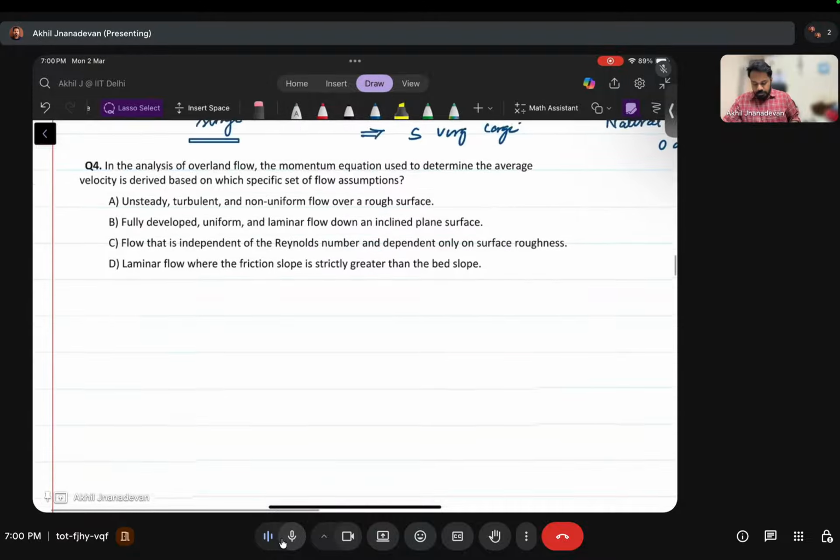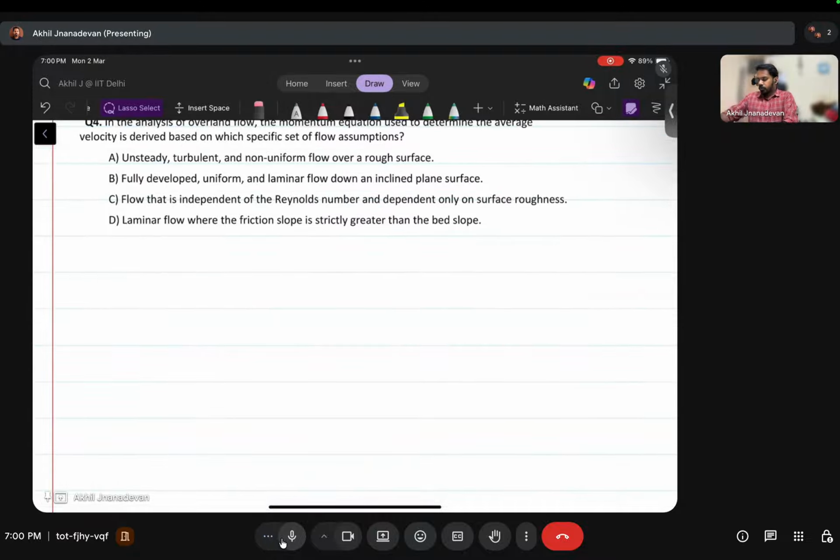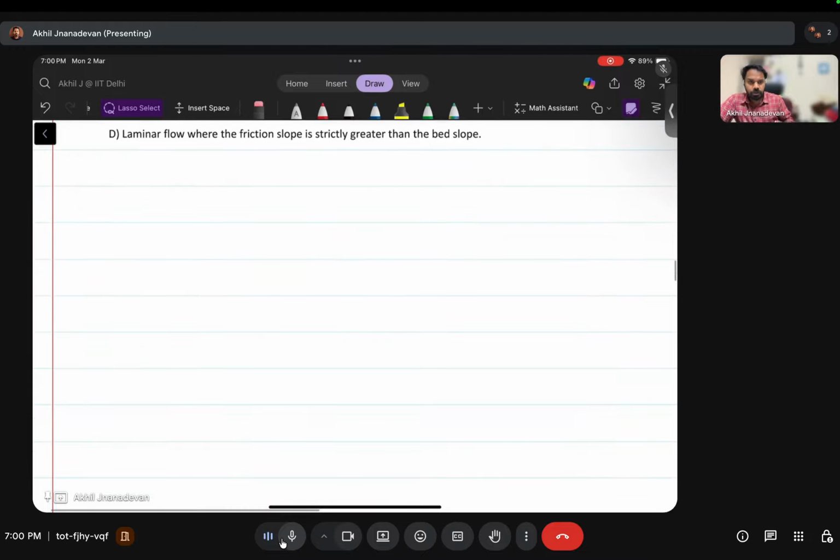So let's quickly go through two things, that is, the conservation of continuity, mass conservation, and the momentum conservation for the overland flow.